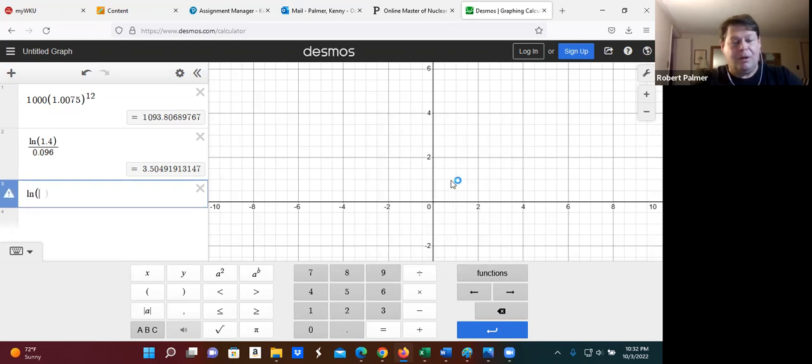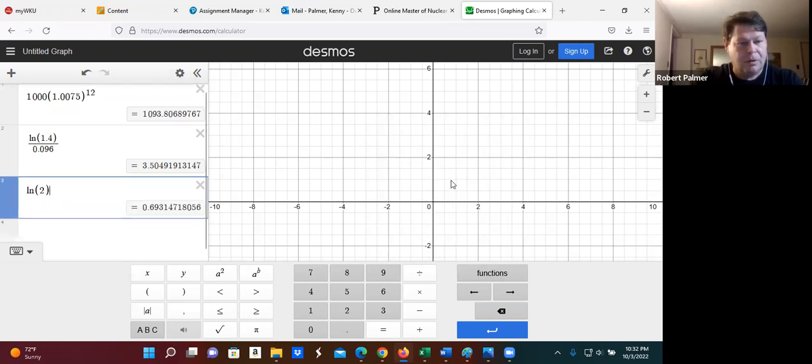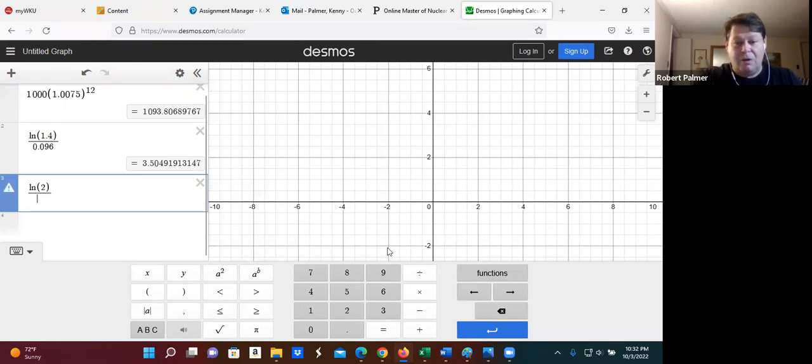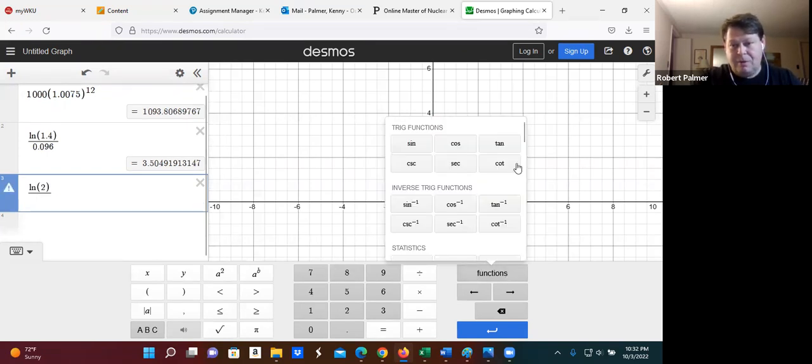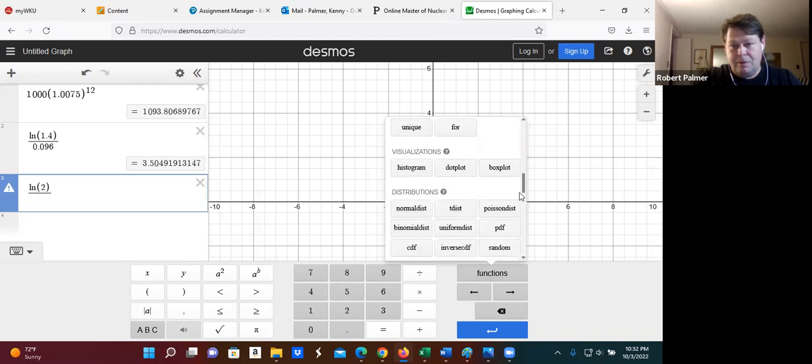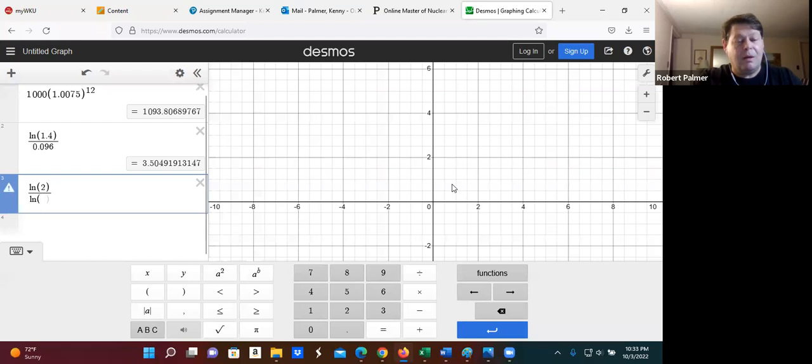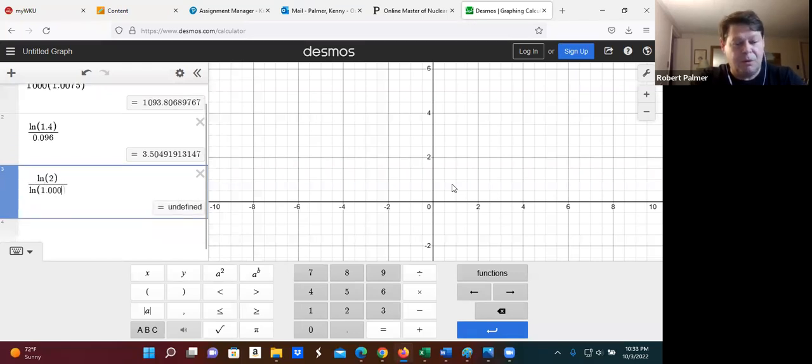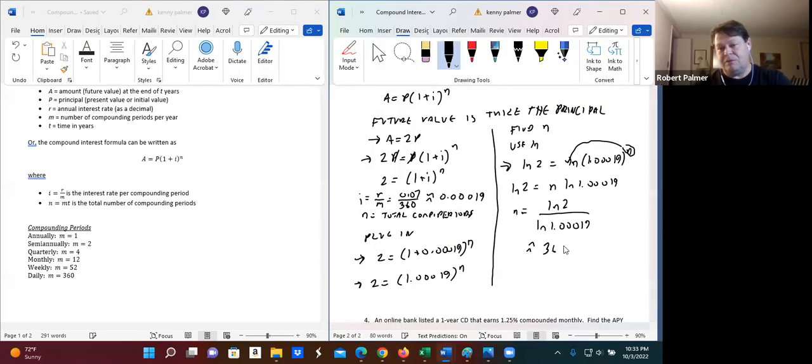So natural log of 2, divided by, once again, the natural log of 1.00019. Now, that's the number of compounding periods, and it comes out to 3648.49 if you round to 2 decimal places. So 3648.49 compounding periods.